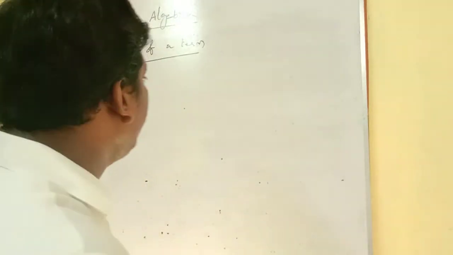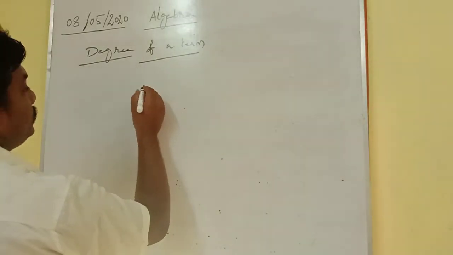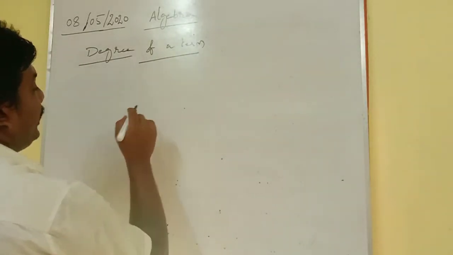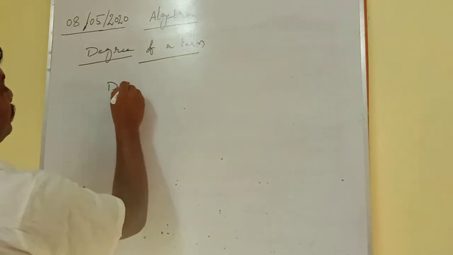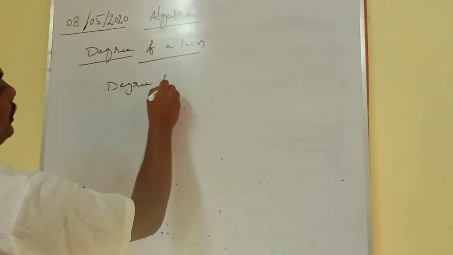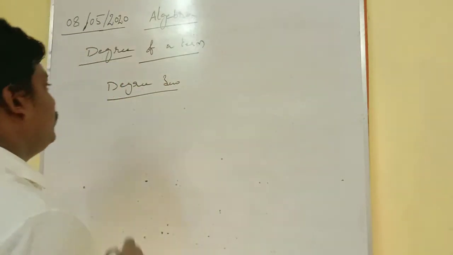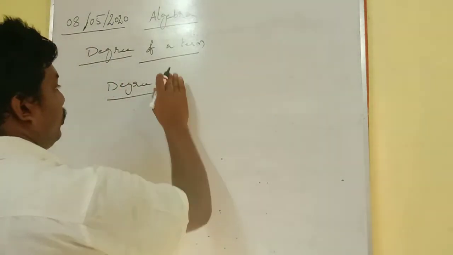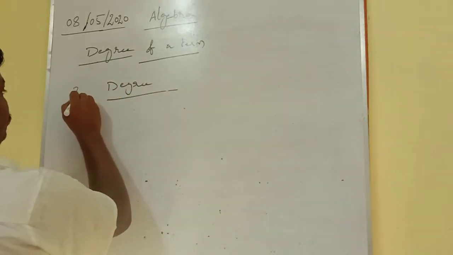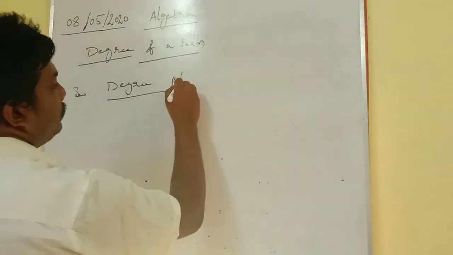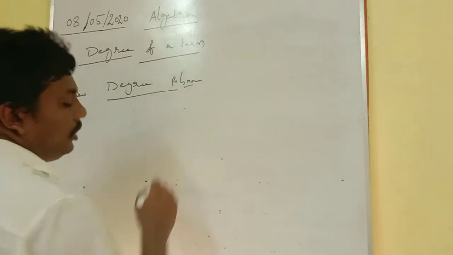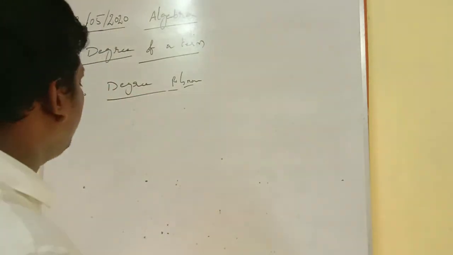So what is the degree of a constant? Suppose degree 0. Degree 0 is called a constant polynomial, a 0 degree polynomial. What is a 0 degree polynomial?